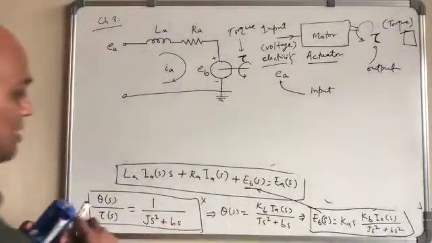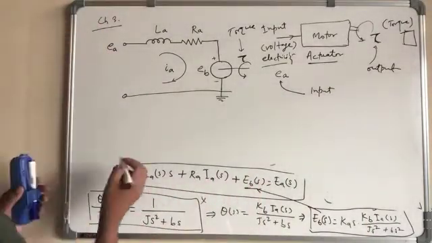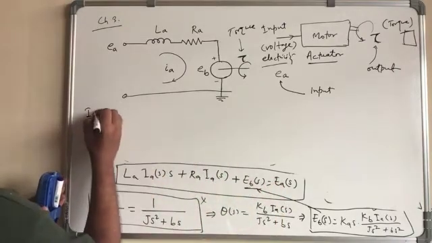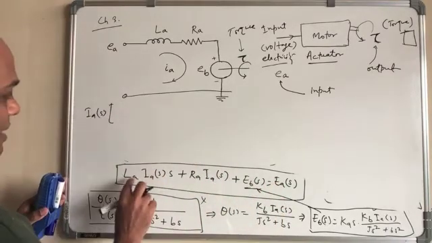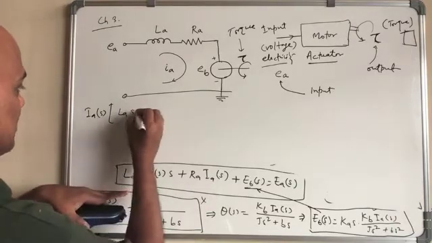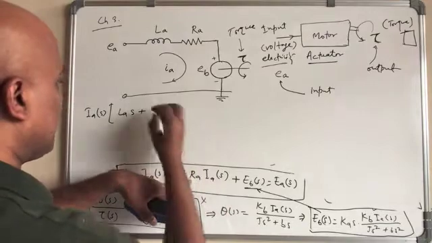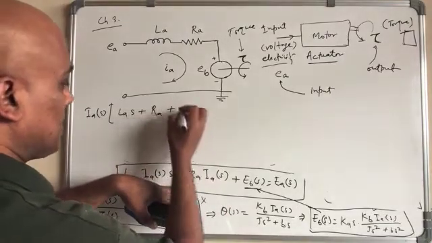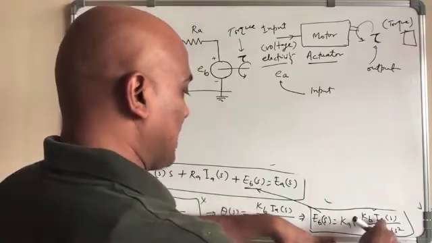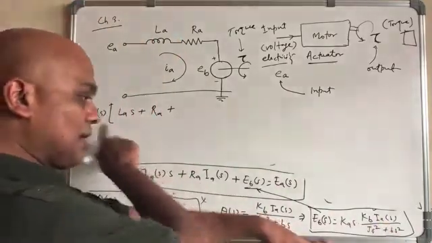From this equation, what do we get? We get IAS in common, and we get LAS plus RA plus EBS, where EBS equal to this.